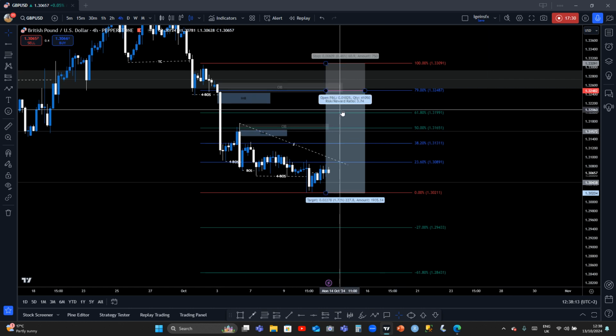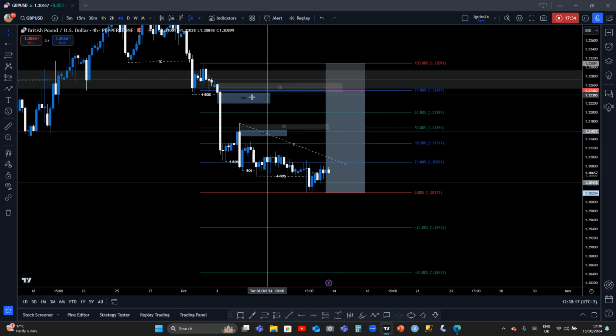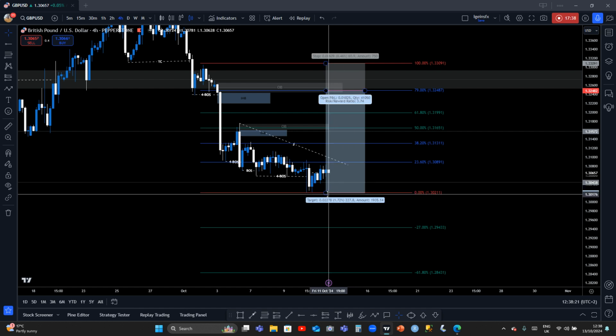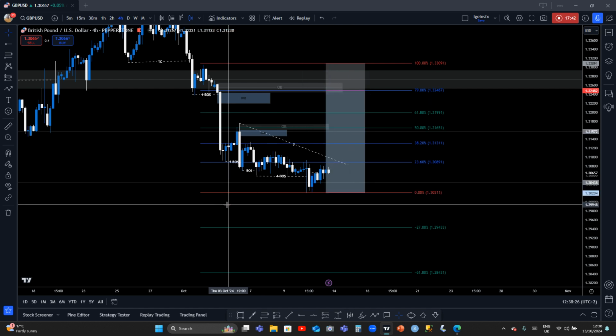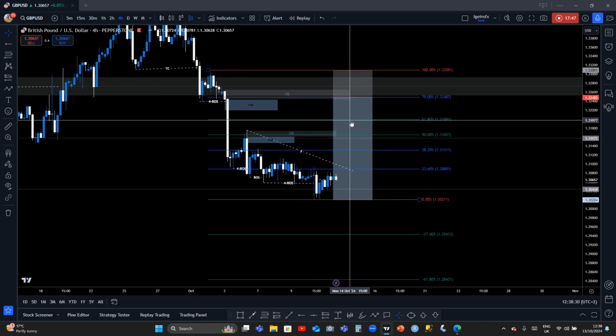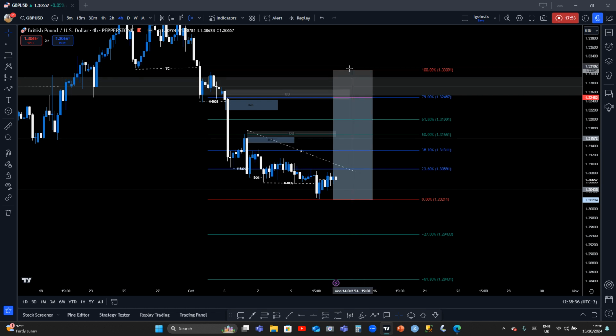Okay, if you're the type that plays trade on 4 hours, this is your entry. You target this point. How many pips? 222, 227 pips.